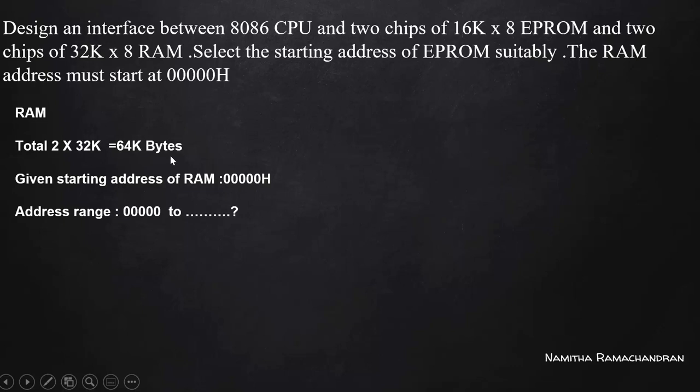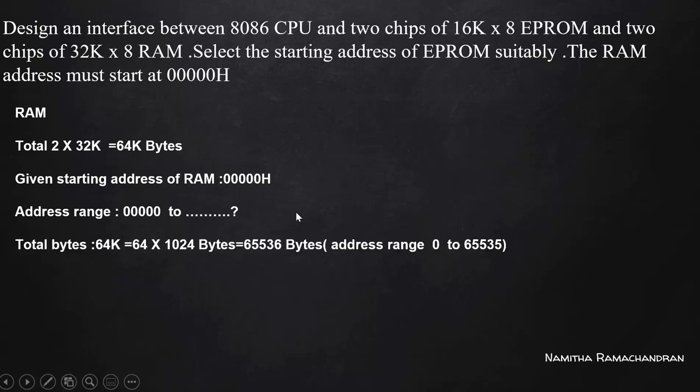We need to assign an address for each and every byte of this 64K bytes, and the address must start from 00000. So the first byte address is 00000. We need to identify the range of addresses starting from 00000, so we need to find the last byte address of this total 64K bytes.